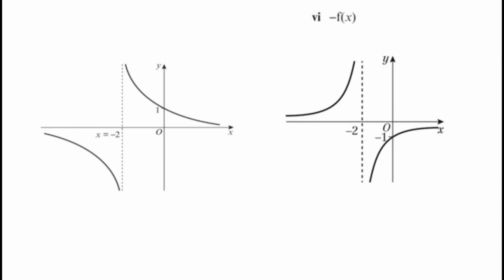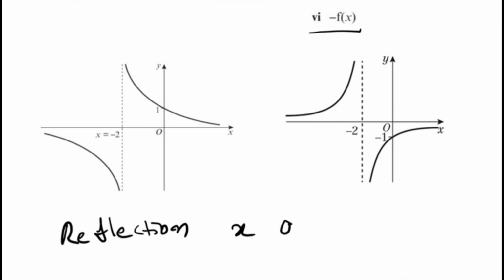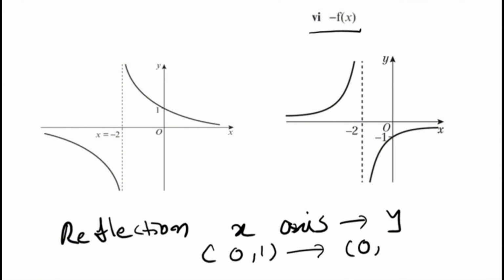Next transformation is minus f of x. As we talked before, the minus is outside, so we can say it's a reflection in the x-axis. That means our y coordinate will change sign. So the point (0, 1) turns to (0, -1).